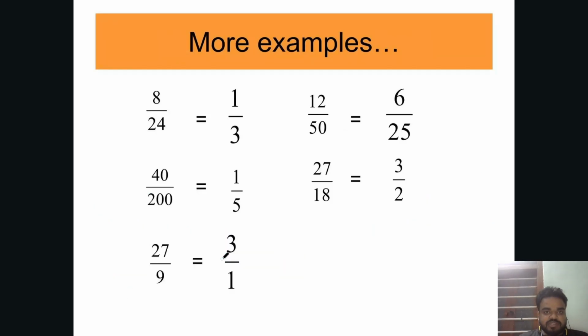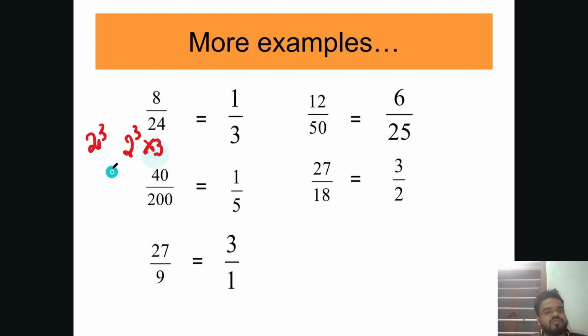Let's try some more examples. Here you can see 8 by 24. What is the HCF of 8 and 24? First find out the factors: 2 cube, and 2 cube into 3.